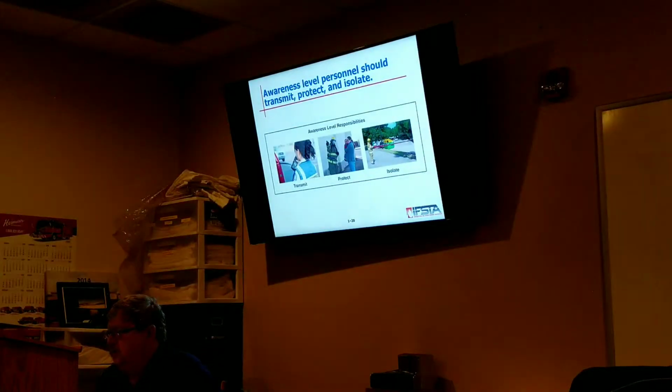We've got to recognize it, and we got to look at what potential presence it has at the incident. So we got to look at that so we know what we're doing with. We have to protect ourselves and others from the hazards. Communicate the information to appropriate authorities. Call for appropriate assistance. We need to establish scene control by isolating hazardous areas and denying entry.